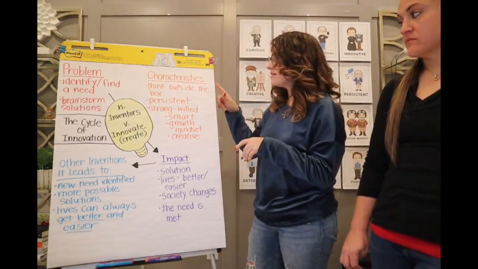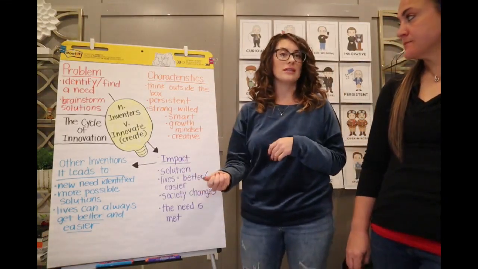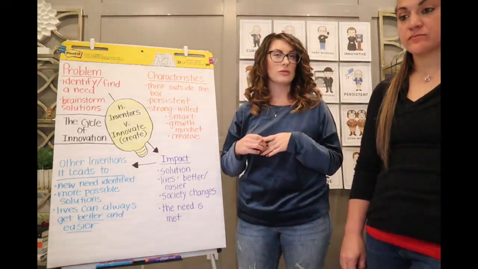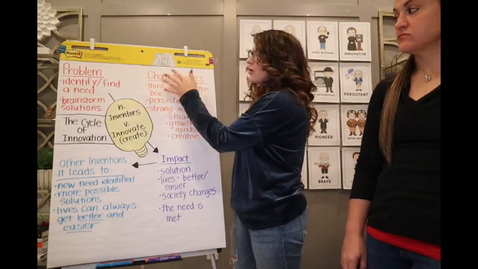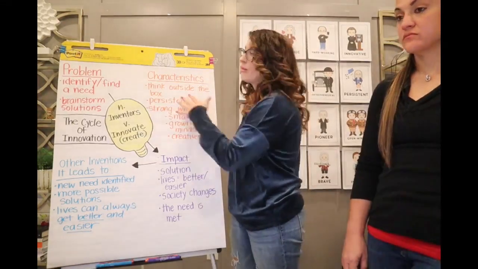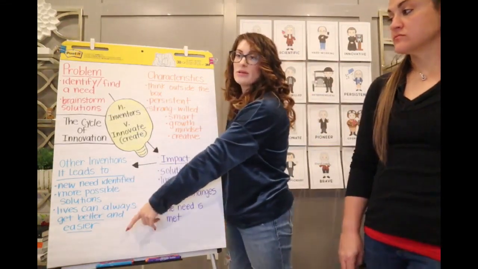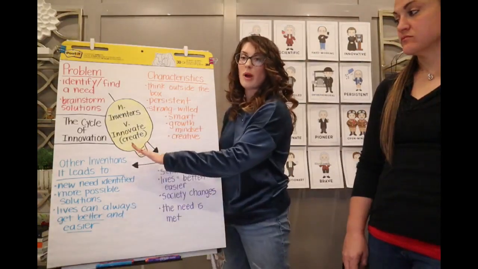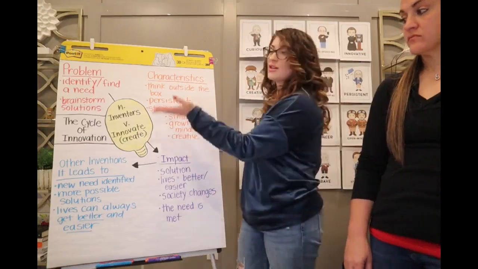Okay, and then this is also a great chart to transfer to what you're reading in the text. So in 3rd grade, for example, you're going to read about Thomas Edison. So put Thomas Edison in the middle, write his qualities. What problem did he solve? What was the impact? What came afterwards? How were his inventions improved upon? You can apply this to whatever else you're reading, or the Industrial Revolution.